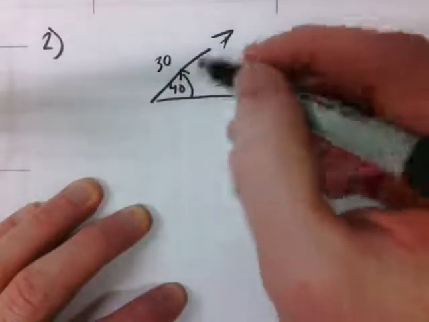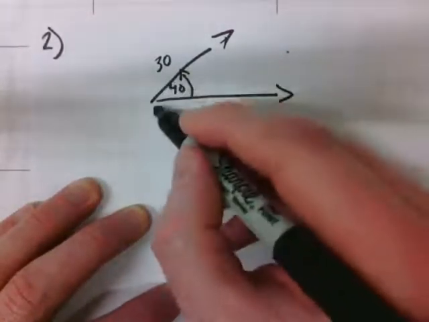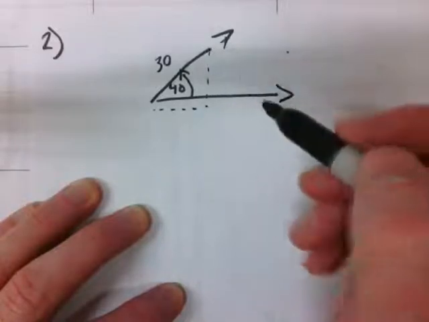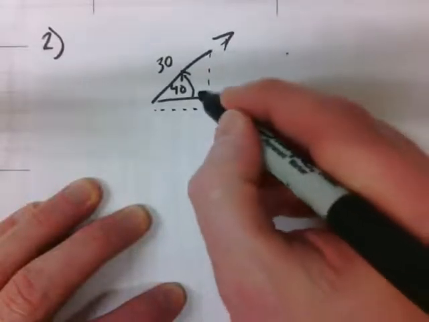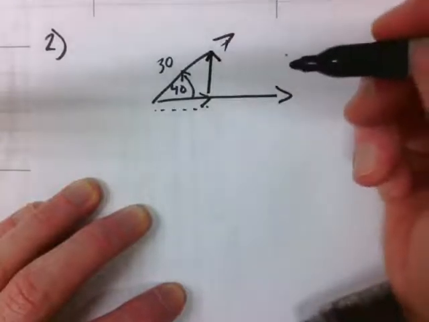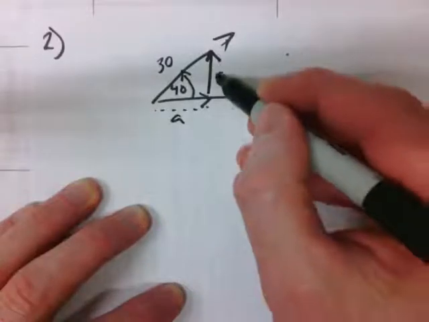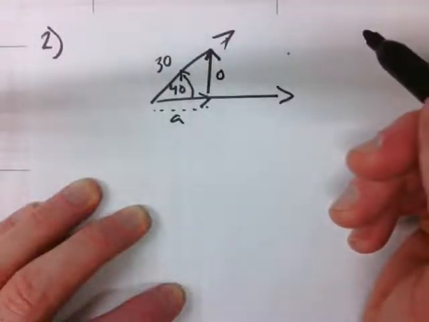So that's 30K right there. Now the firefighters have to go this way and then this way. So we need to figure out how long this leg is and how long that leg is. With the angle here, this is adjacent, this is opposite.